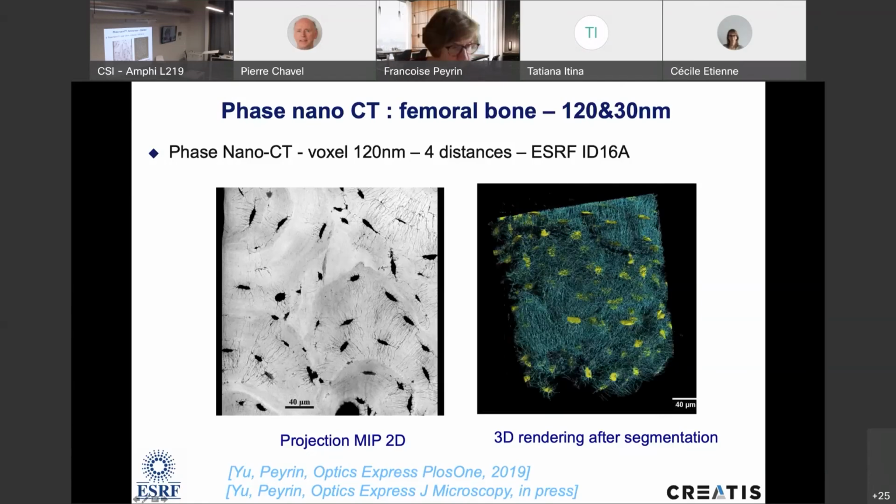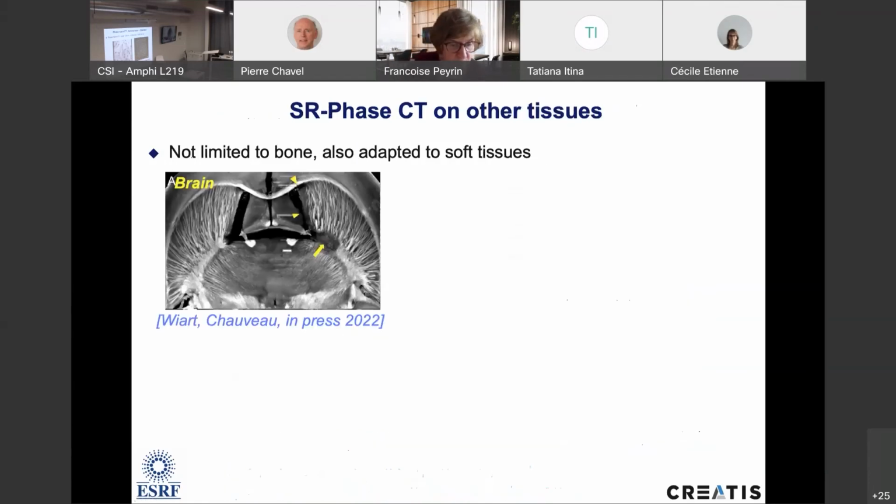Okay, so I showed you mainly examples of phase CT in bone, but it is very well adapted to look at other soft tissue in general. So here is a work that was done to look at the brain of mice, where you could see a lot of features with phase CT.